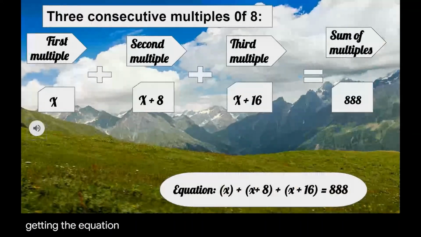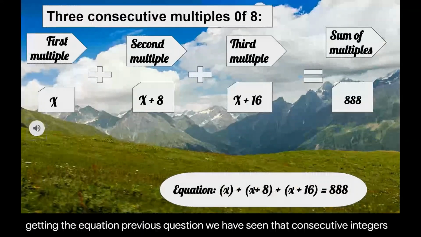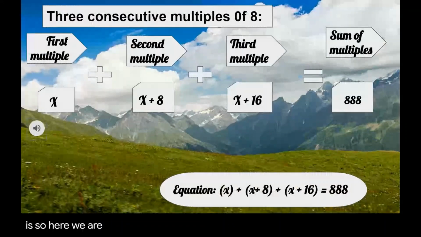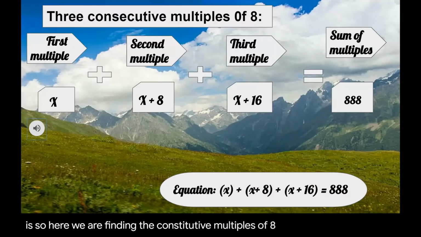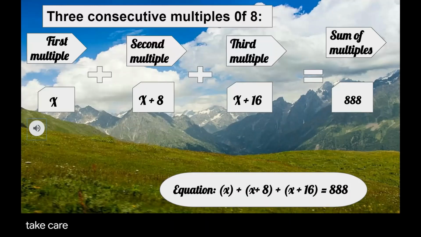In the previous question, we have seen the consecutive integers, isn't it? So here we are finding the consecutive multiples of 8. So here, first multiple we can take as x. Then what will be the second multiple? x plus 8. What will be third? x plus 16.